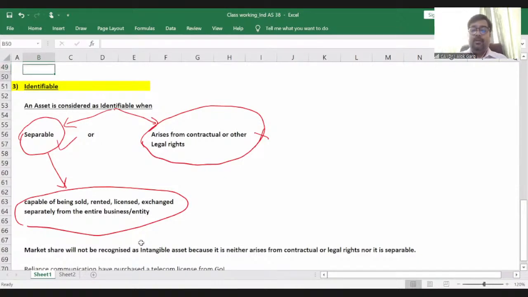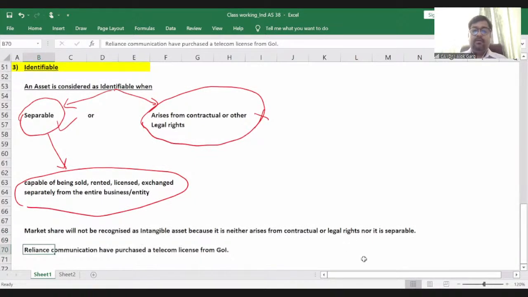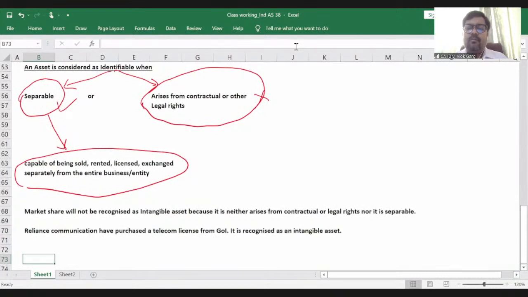In this case, yes, it is recognized as an intangible asset, right? Third example, there is a radio 93.5 FM.